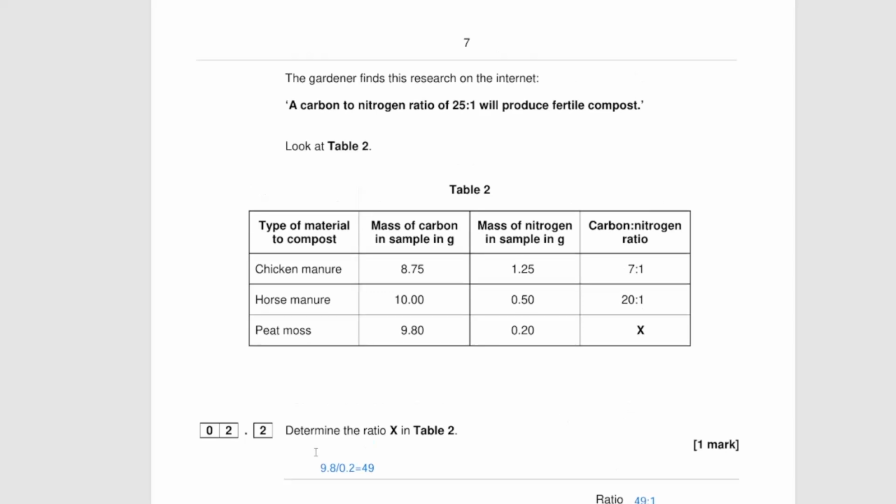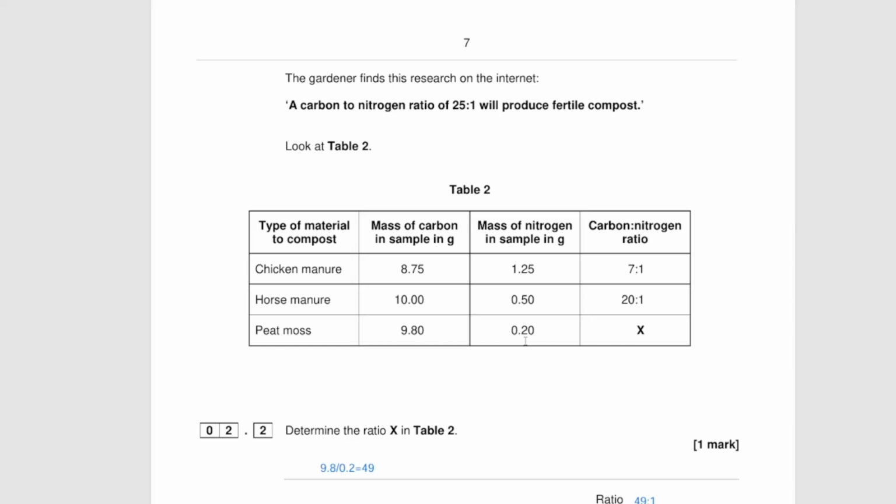Now you could do this by just doing 9.8 divided by 0.2 equals 49, and that being a ratio of 49:1. Or you could set up a ratio of 9.8 to 0.2, and then just multiply both sides by 5 to get 49:1.